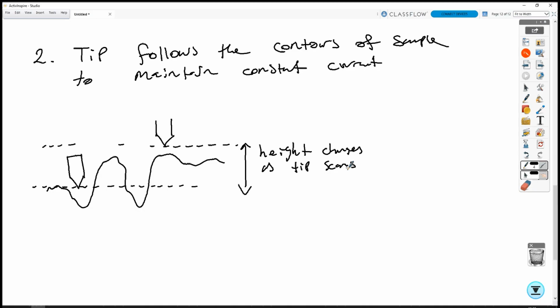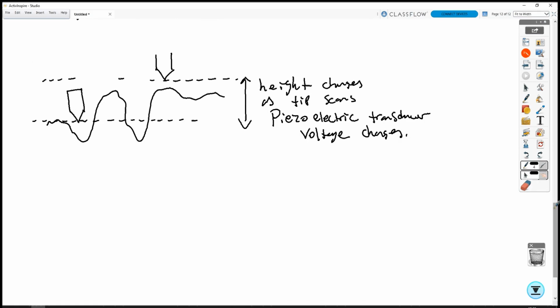And that's caused by the piezoelectric transducers. And this voltage is used to generate the image.